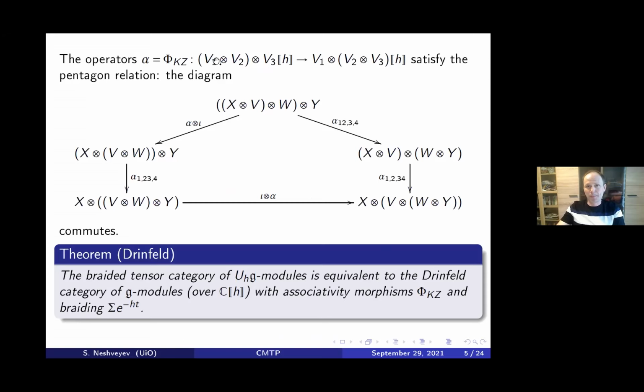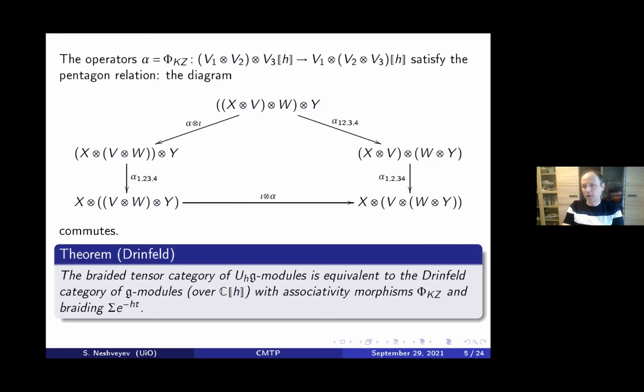You can view this operator as shifting brackets from V1, V2 into V2, V3. If you have 4 such products, with all brackets shifted to the left, and you want to shift them to the right using this operator, there are 2 ways of doing this. And the claim is that these 2 ways coincide.